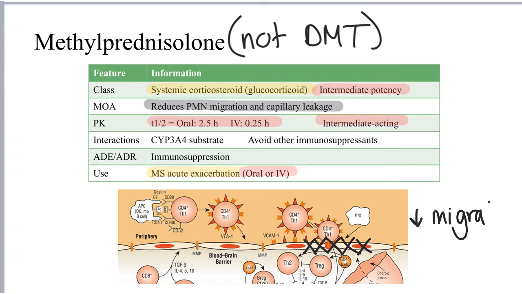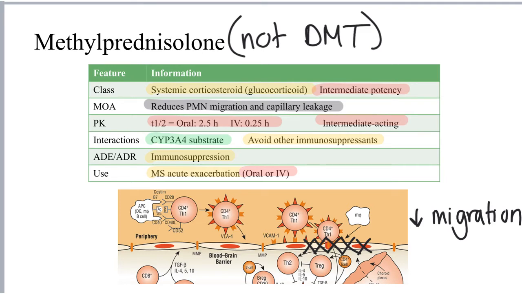A few adverse drug effects or adverse drug reactions, ADEs and ADRs, to watch out for is that this drug is immunosuppressive, and combination or administration with other immunosuppressant drugs should be avoided. Methylprednisolone is a substrate of the cytochrome P450 enzyme 3A4, it is metabolized by CYP3A4 to inactive metabolites.